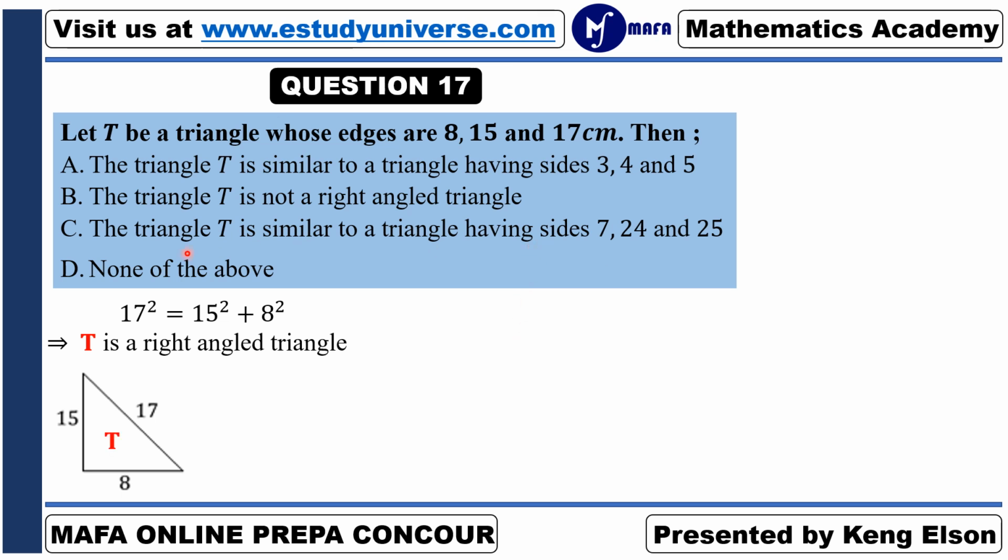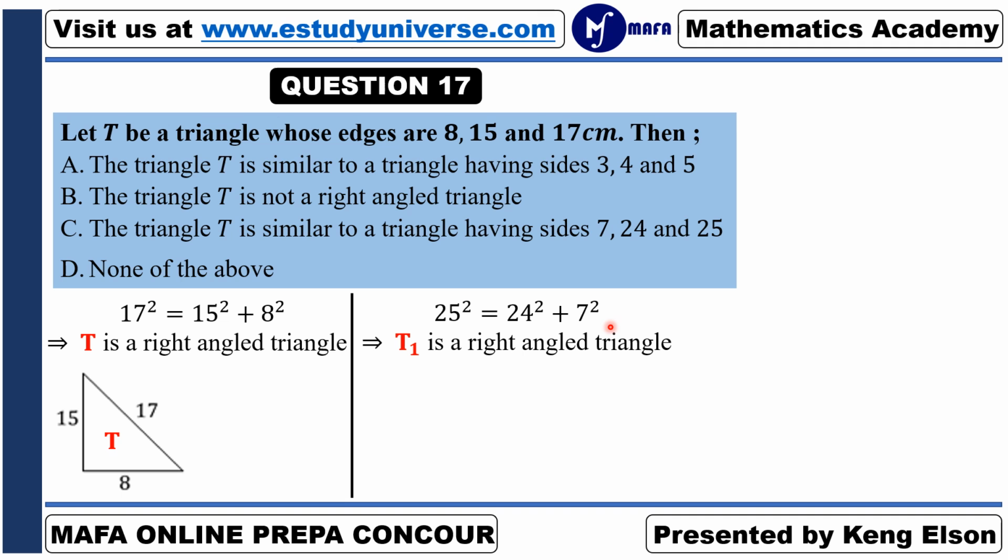Now let us call the triangle with sides 7, 24, and 25 T1, and the triangle with sides 3, 4, 5 T2. We now verify if they are also right angle triangles. For this one here, 7, 24, and 25 are also Pythagorean triplets, because 25 squared is 24 squared plus 7 squared.